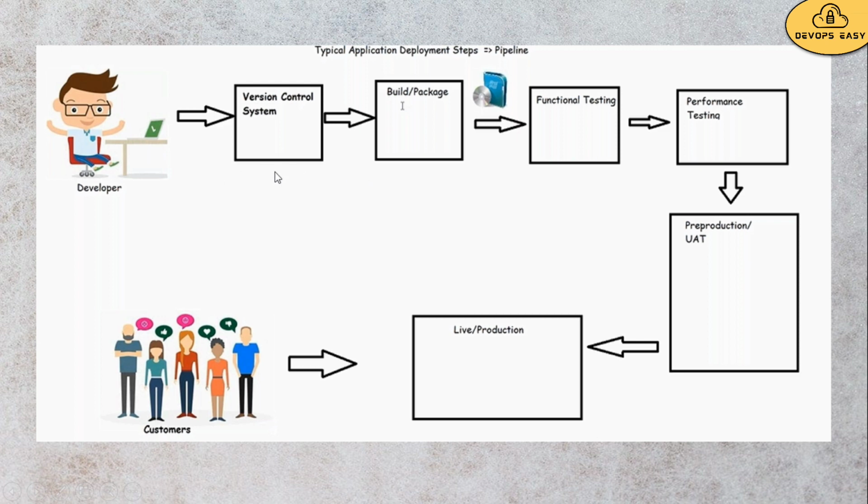You need a .exe file, because you will install it and check whether the application is working fine or not. So we create a package, that is the .exe file, and that .exe file will be copied to different servers.